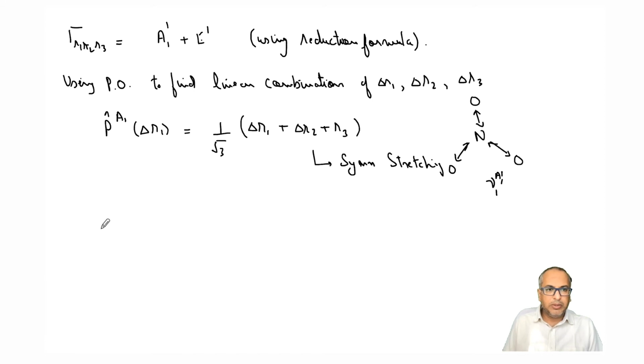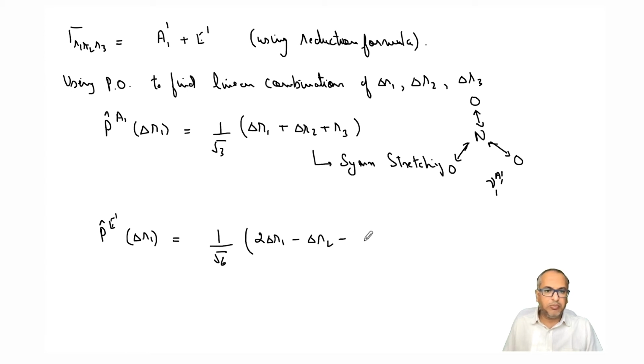Now similarly for the other stretching vibrations, E prime delta R1. If you do this, you will get 1 over root 6 times 2 delta R1 minus delta R2 minus delta R3. Okay, so this can be called nu 2, the second stretching mode with E prime symmetry, right?